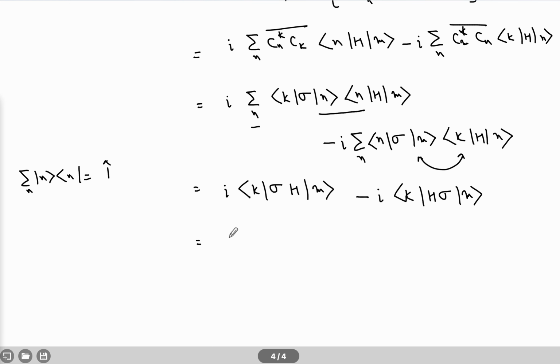Now this is nothing but k sigma h minus h sigma m. Sorry, these are not brackets.